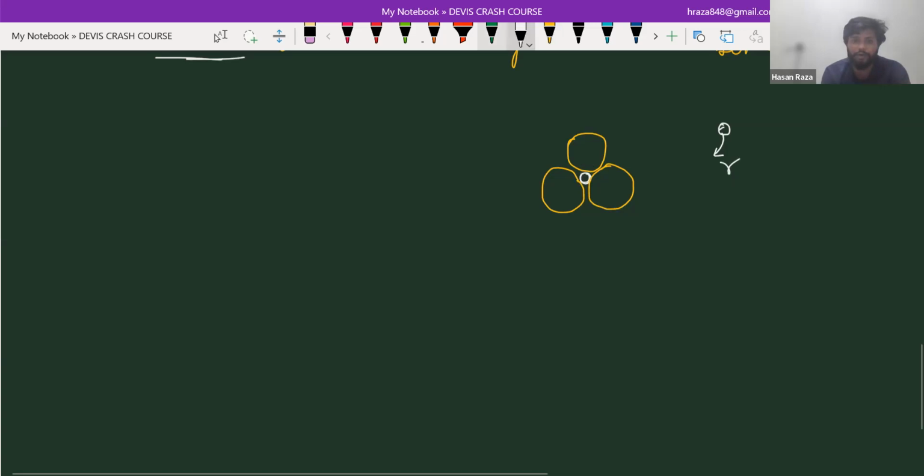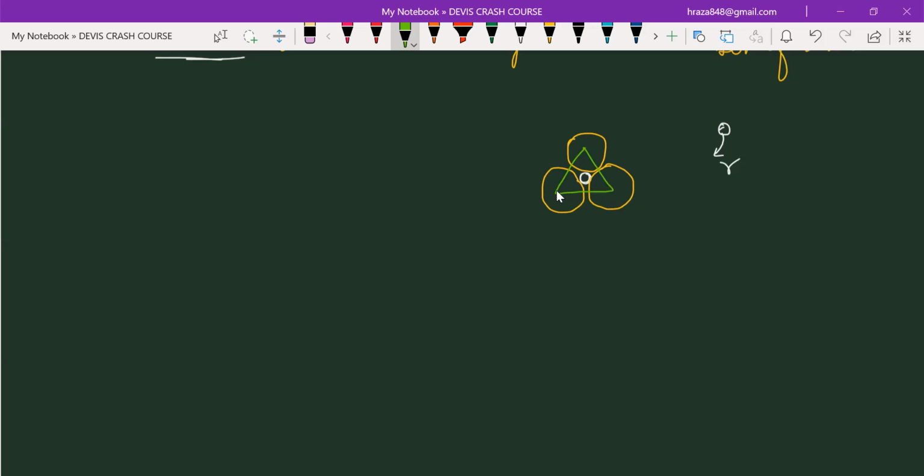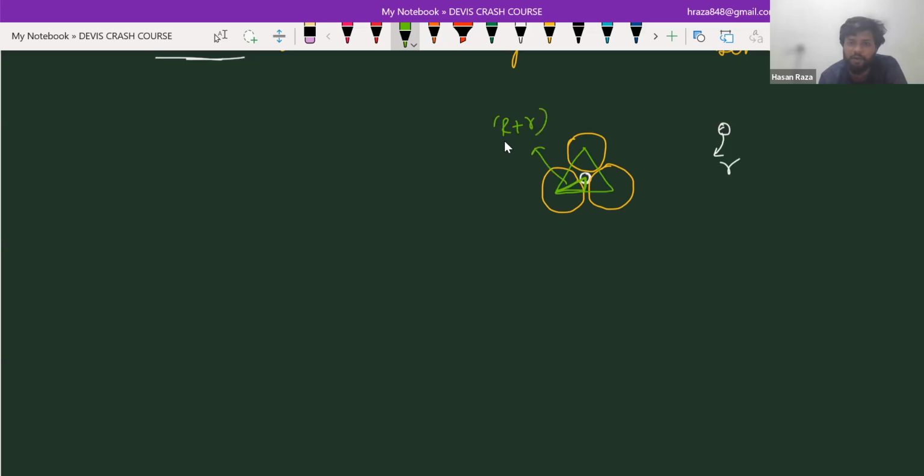I'm going to make a triangle like this, an equilateral triangle. Now this hypotenuse you are seeing in the small triangle will be r plus r, the radius of anion plus the radius of cation.